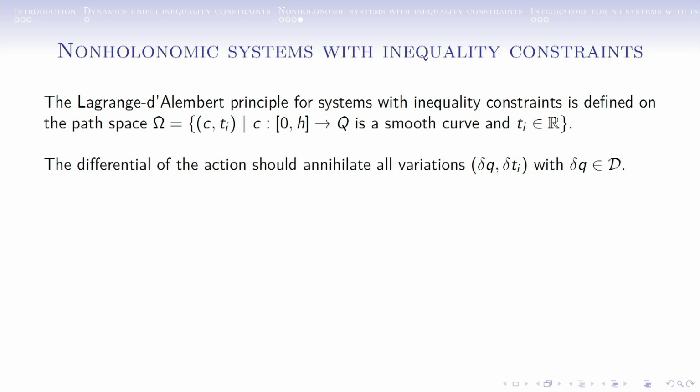That is the same procedure that we've chosen to follow in our GSI paper. So we've picked the action functional. We have expanded the space of curves in which the action functional is defined. Now the space of curves does not only consist of curves to the configuration manifold, but also of the instants of time where an impact occurs.